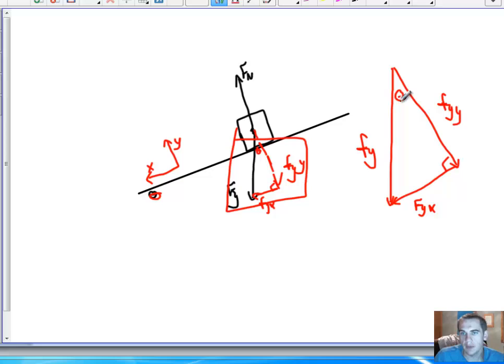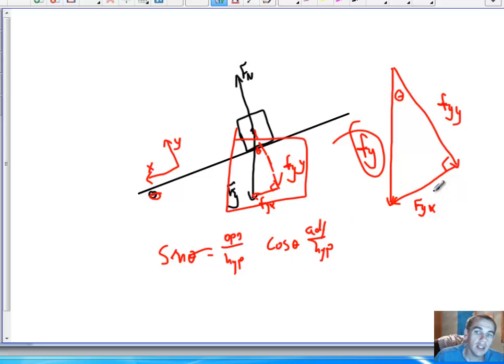This is theta. Usually you'll know this. And you'll want to be finding these sides, and we're going to use trig for that. Now remember, sine of the angle is equal to the opposite side over the hypotenuse, and the cosine of the angle is equal to the adjacent side over the hypotenuse.